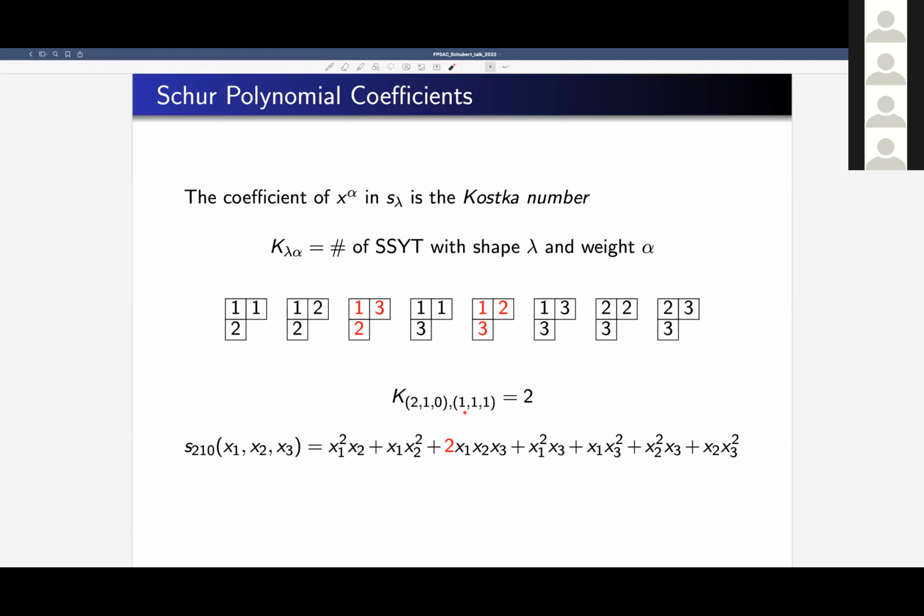So let's say our weight alpha is 1, 1, 1, which says we are using 1, 2, and 3 to fill our tableau. Well, there are 2 ways to fill it to satisfy our rules. So the Kostka number is 2, corresponding to this coefficient 2. For every other monomial for this particular Schur polynomial, there's only one semistandard Young tableau of the given weight, which is why the coefficients are 1.